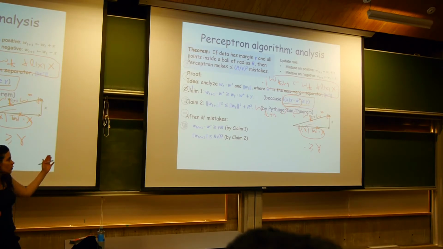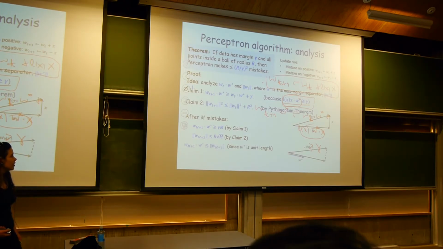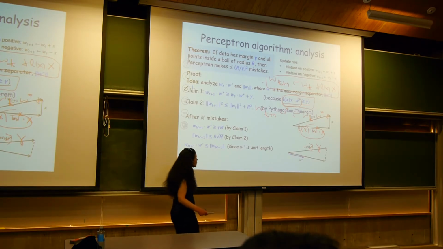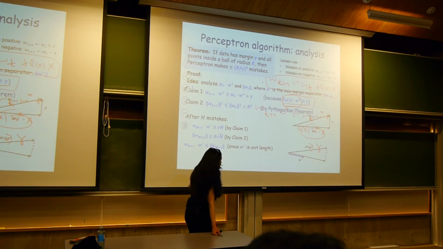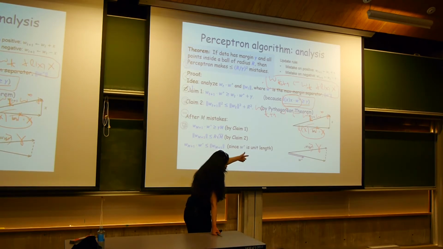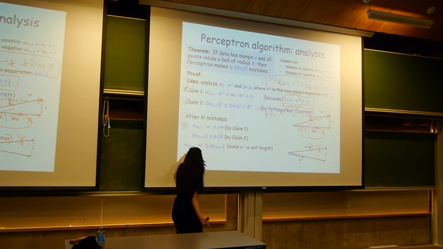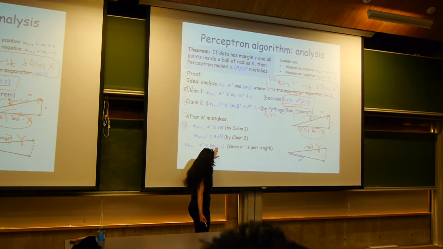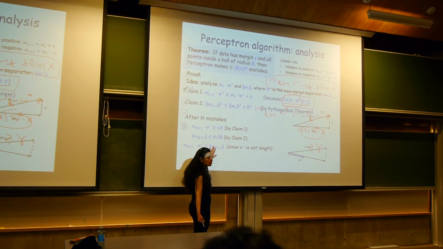Now I'm ready to piece these two things together to get my final guarantee. Because w star itself is a unit length vector, by using the Cauchy-Schwarz inequality and also looking pictorially, you can show that the dot product between w_{m+1} and w star is upper bounded by the length of w_{m+1}.